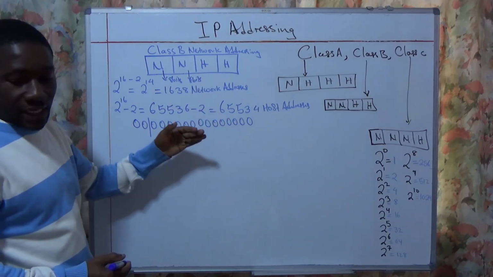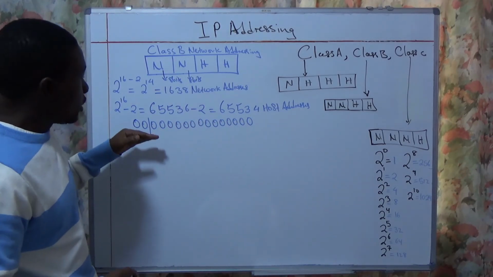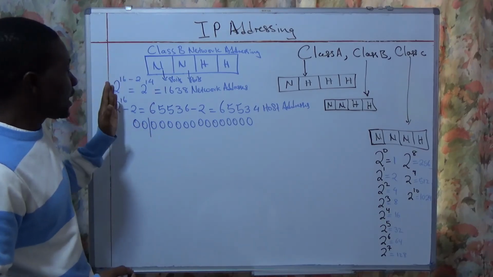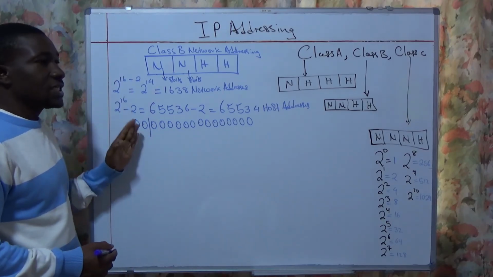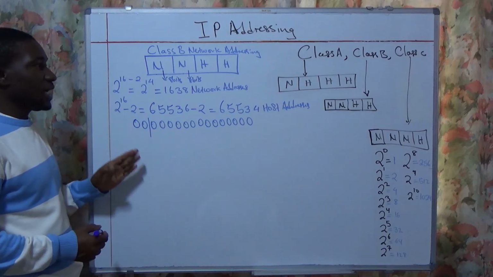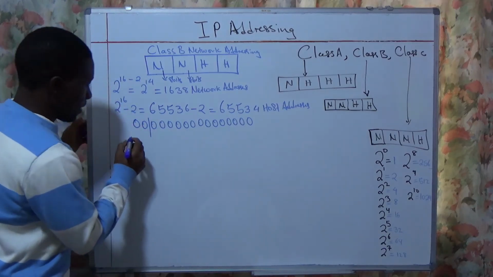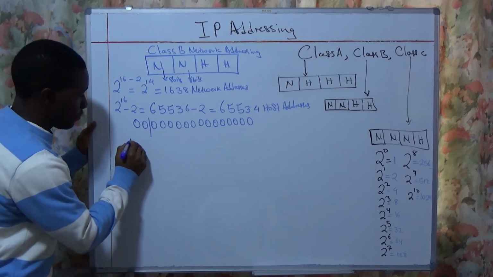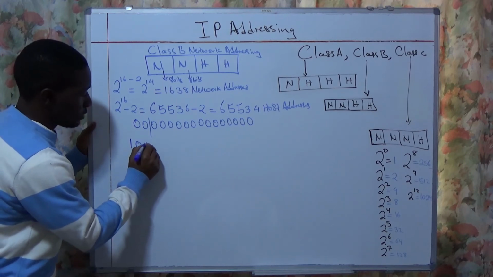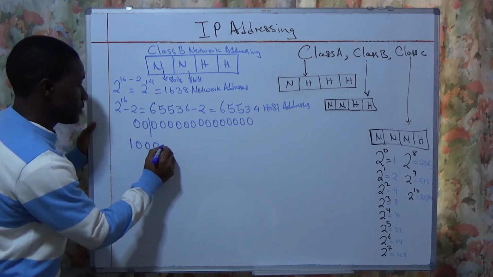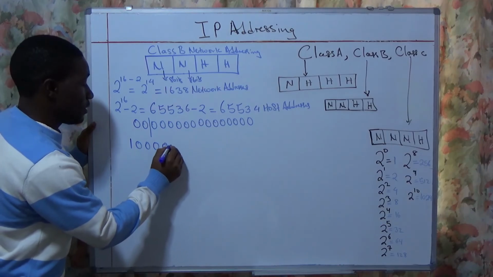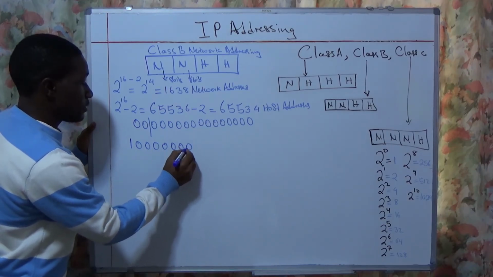Now let us start deriving the networks that can be generated from class B. So we have 1, 0, 0, 0, 0, 0, 0, 0.